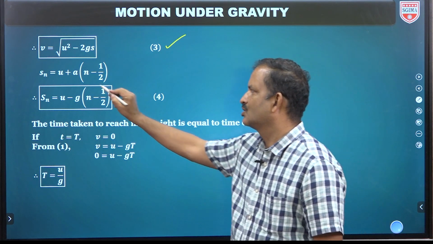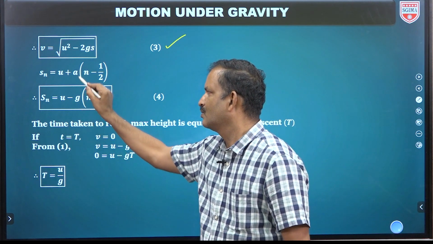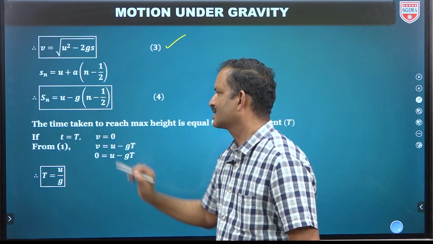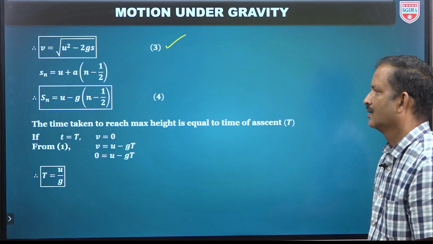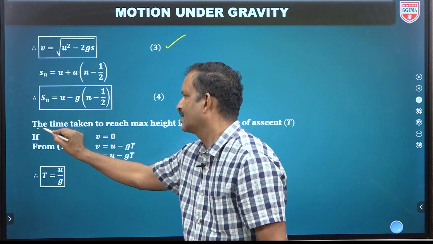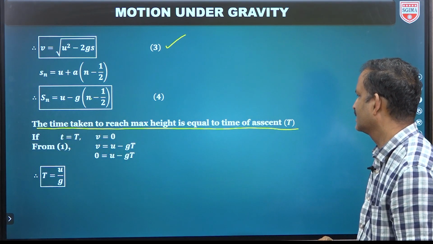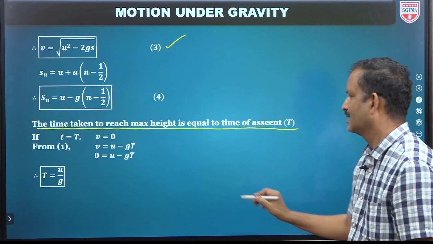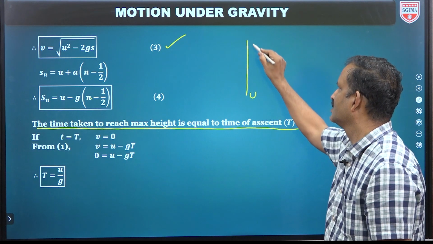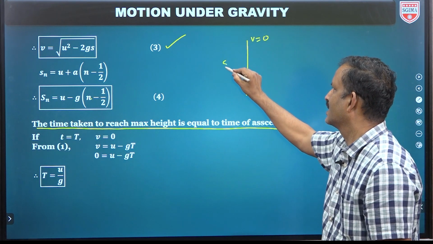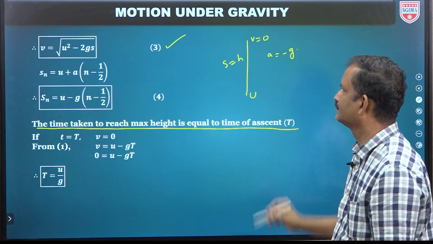Fourth equation: Sn is equal to u plus a into (n minus half). Sn is equal to u, a is minus g, into (n minus half). Already we discussed the time taken to reach the maximum height is equal to the time of ascent, capital T. That means whenever it reaches the maximum height, v is 0, S is h, a is minus g.